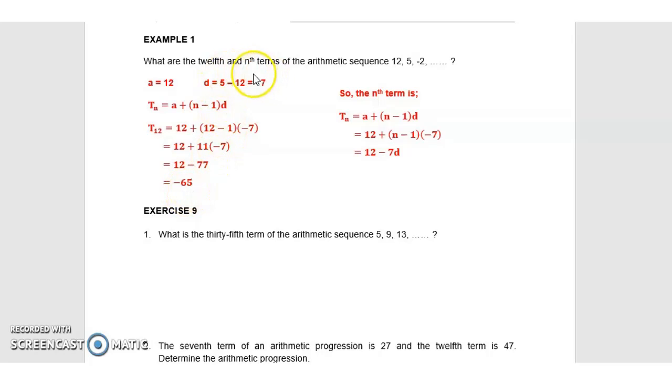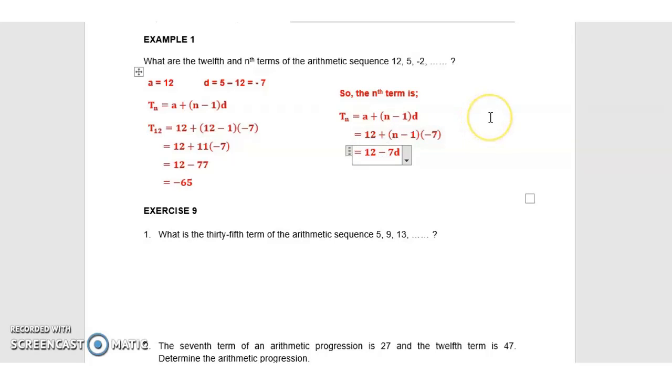Then the next question, the nth term. For this sequence in general, what is the nth term? We substitute A equal to 12. Since we do not know which number we want to find, we put n equal to n, and d equal to negative 7. Before that, if you look at your notes, there is some mistake in the step here. Look at this part. You expand this part first. You make some correction here.